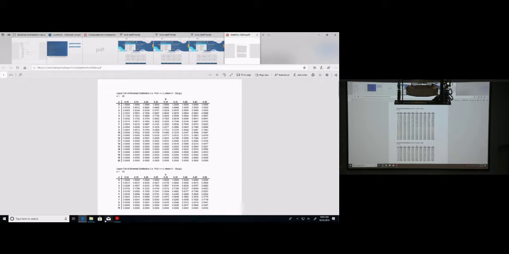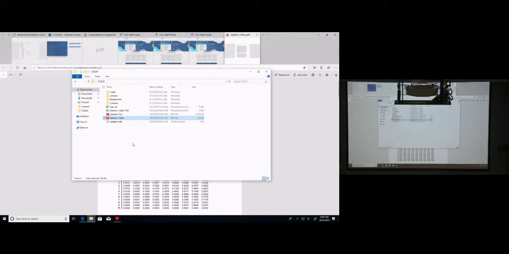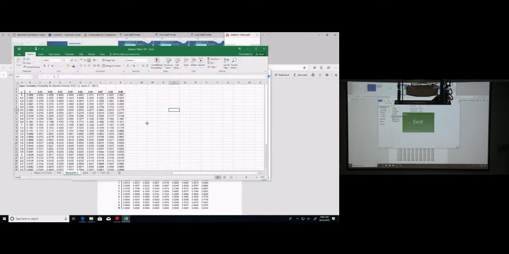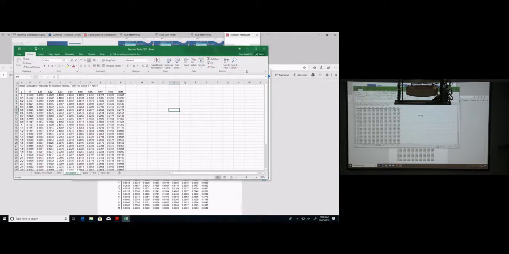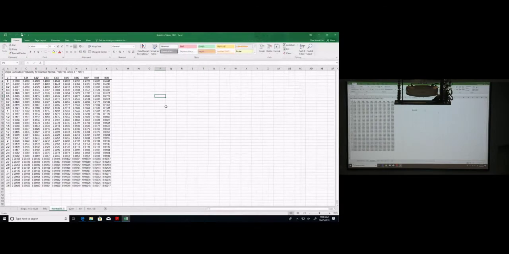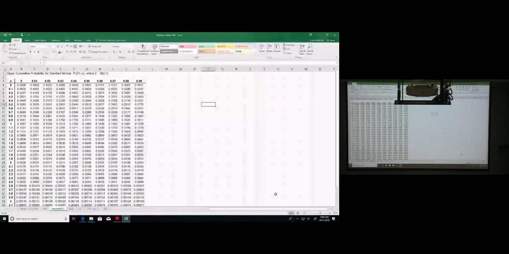All right, and then there is another file that we uploaded, the statistical table. For those who are interested in how to create your own table using Excel, you can learn something from here.